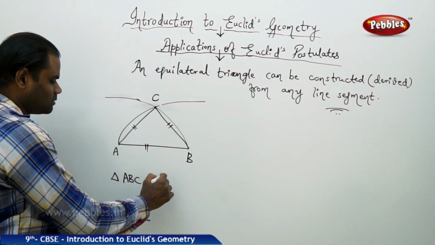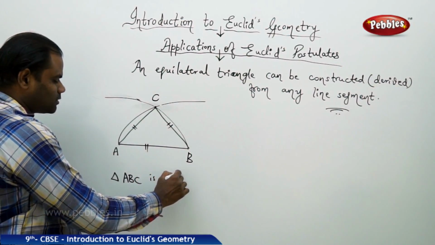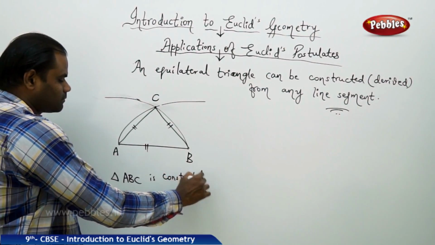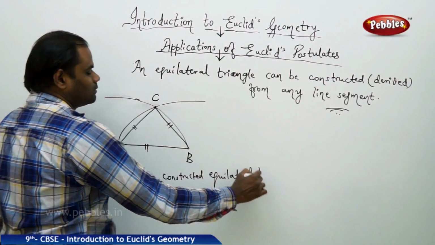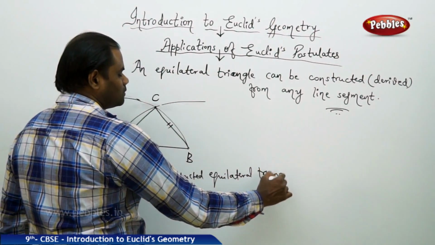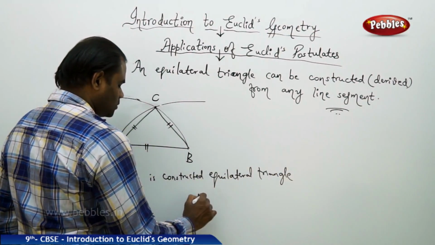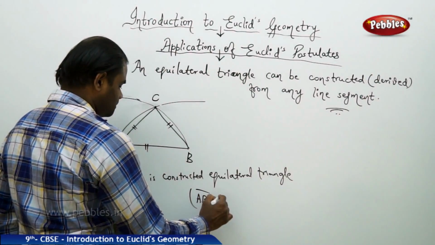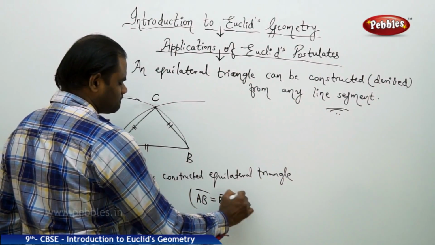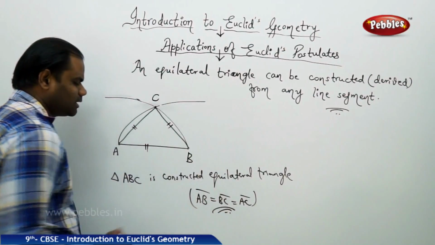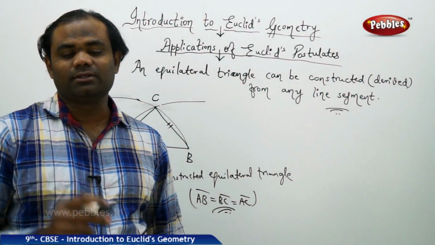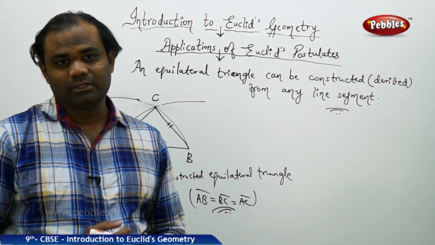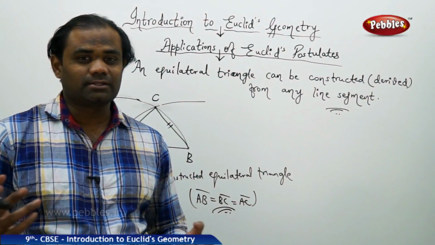Triangle ABC is a constructed equilateral triangle because AB equals BC equals AC. Equilateral triangle with all three sides equal.